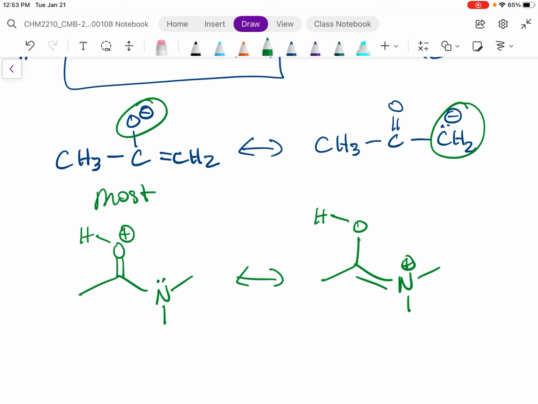So which one is more significant? And we have to look at this in terms of stability. What do you think? The one on the right? Most significant. Well, isn't oxygen the more electronegative atom?